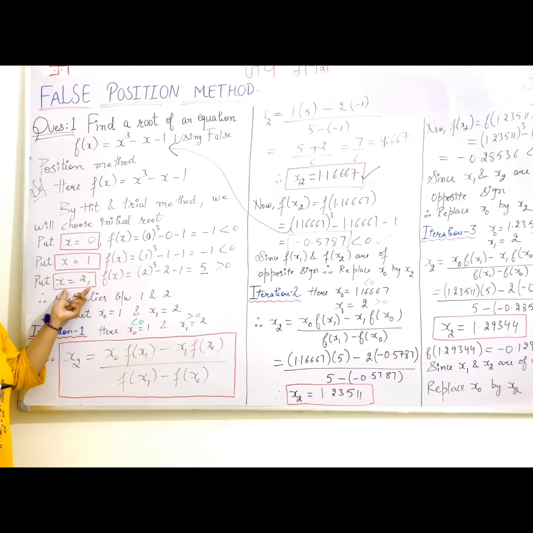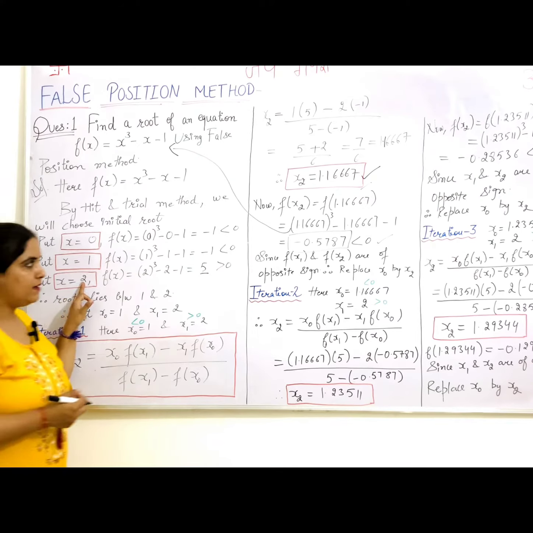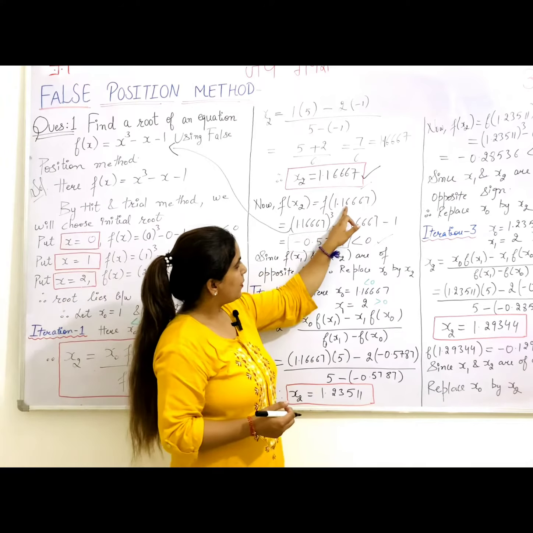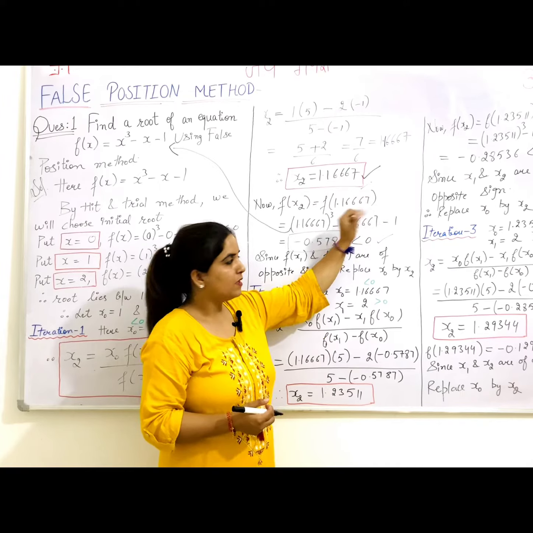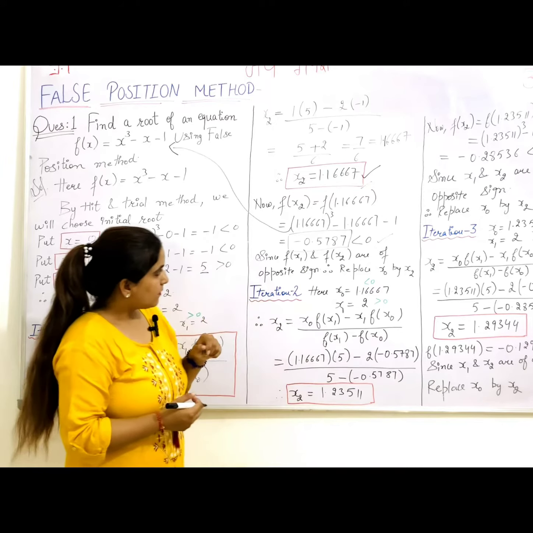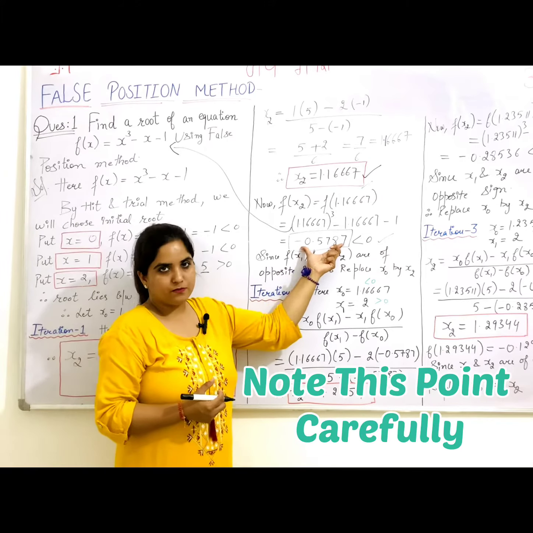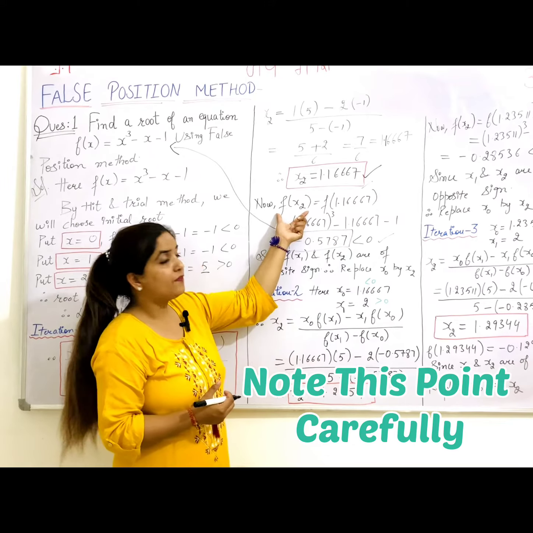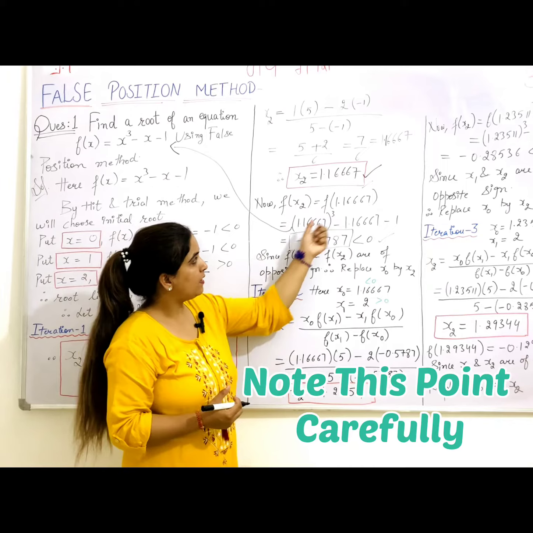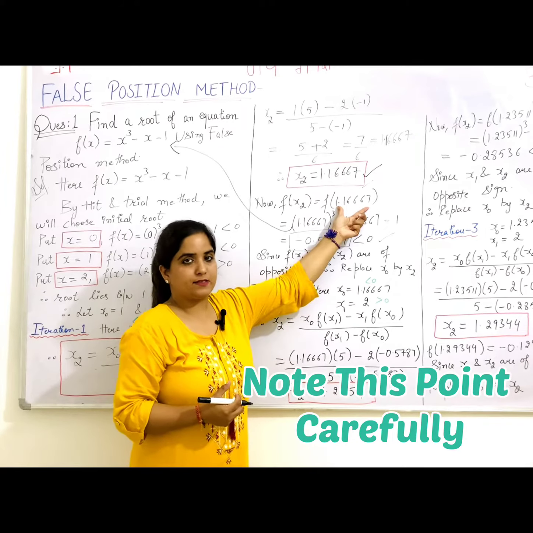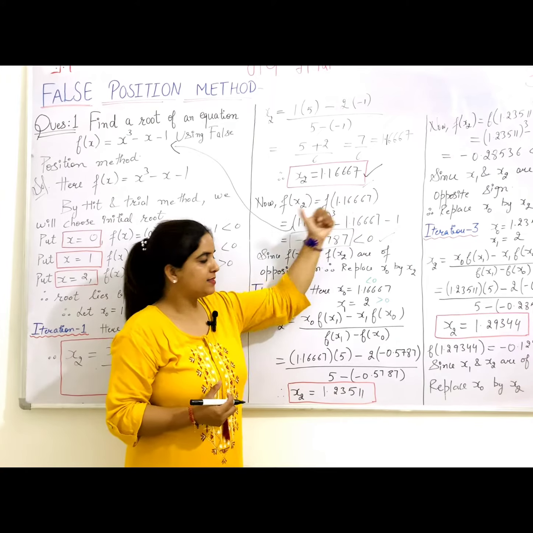So what will be the new combination? One value will be 2 and another value will be 1.1667. Sometimes students pick this value, but this is the answer of the function. So you have to remember, you have to pick the value of x, not the value of f(x).